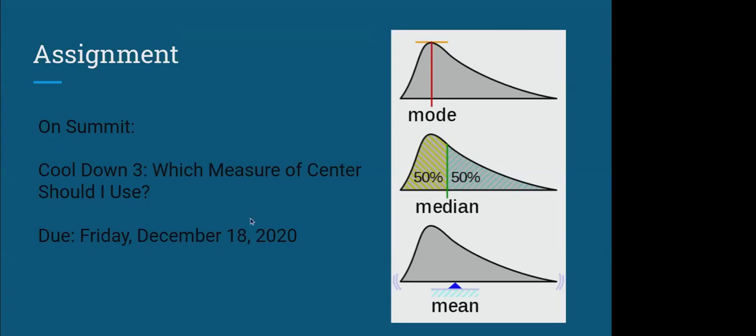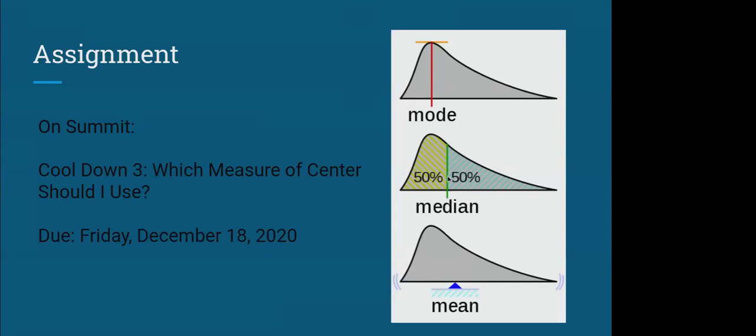So again, remember, the three measures of center are the mode, that which happens the most or occurs the most, the median, the value that splits the data in half, 50-50, not necessarily in equal parts.